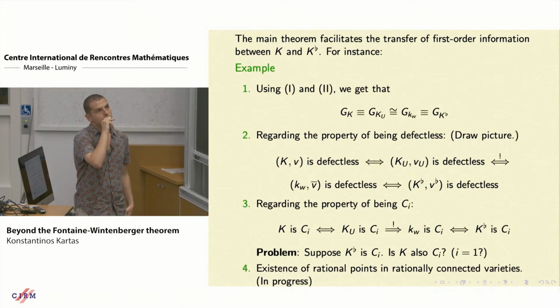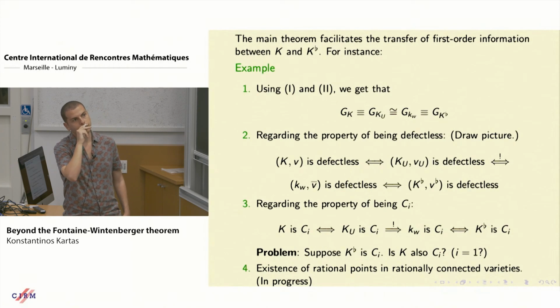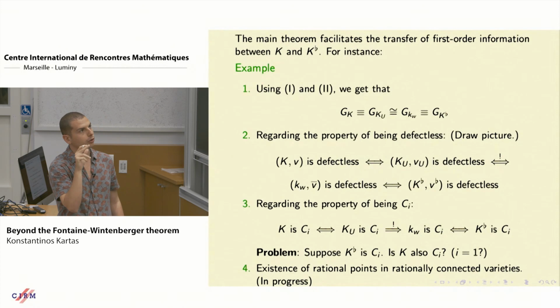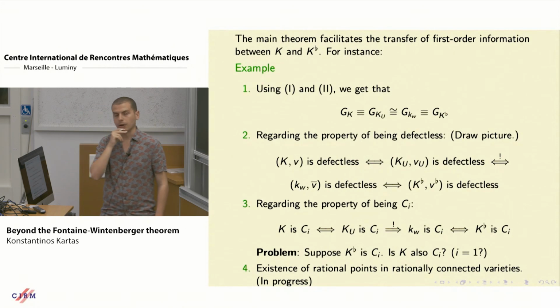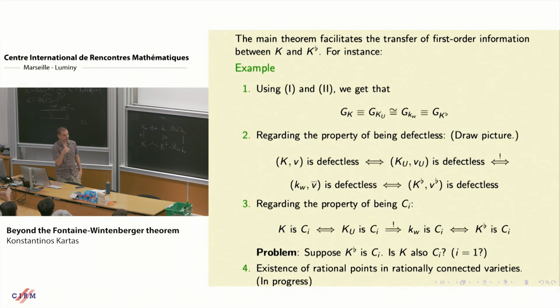There is some related work in this direction, but actually it's a bit more convenient to look not just at hypersurfaces, but at a more flexible, birational class of varieties, which is known to behave well with respect to specialization and so on. And then what one wants to prove is the transfer of existence of rational points in such varieties. So this is very much work in progress, I should say.